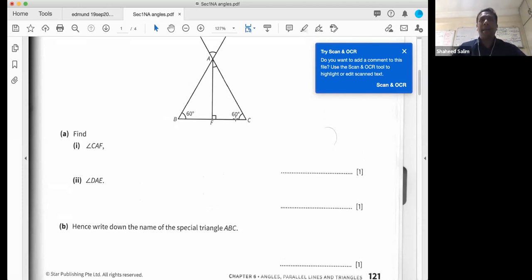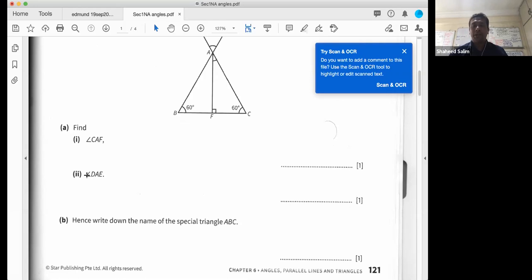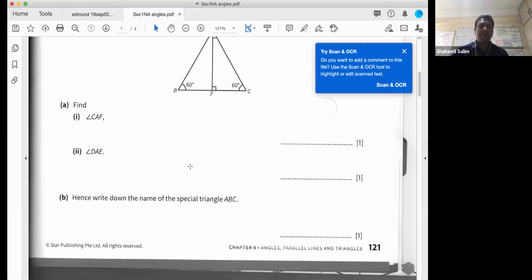Sorry, I gave the wrong analogy. Forget what I said. Emma, for isosceles, two angles are the same. So this is equilateral.